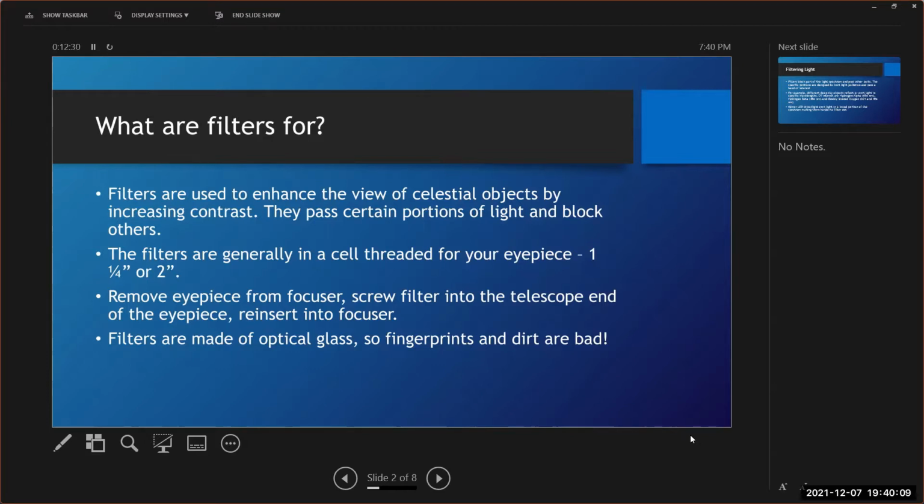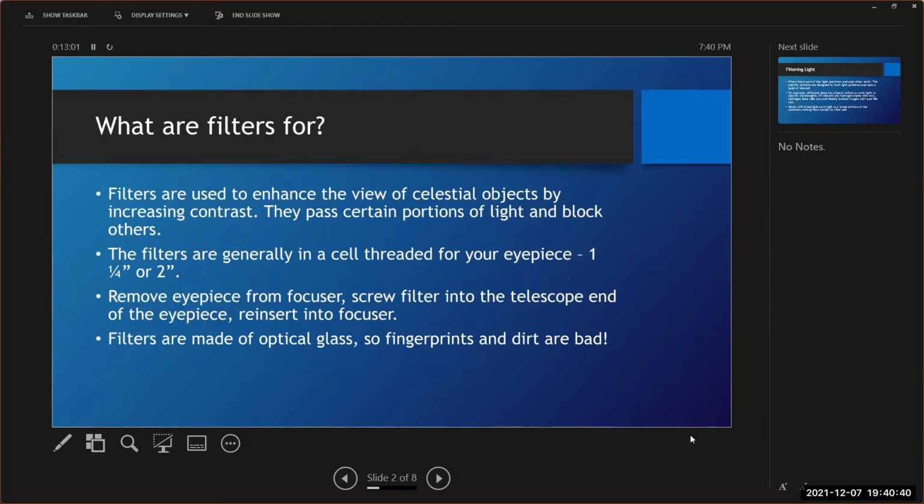I'm not familiar with the way color filters are made, but we do have people present who would know. There are standardized color ratings so that when you say, I want a color filter red, other people know exactly what you're talking about. I don't know how those are produced, but I do know about the deep sky filters.